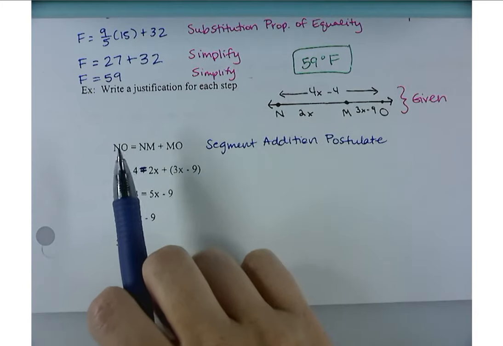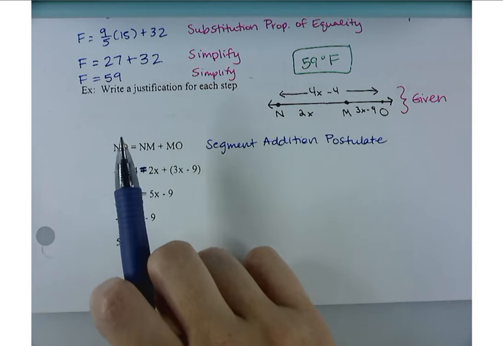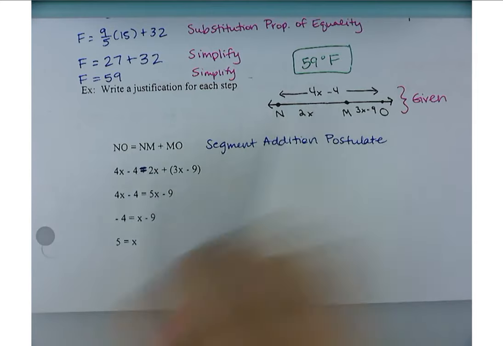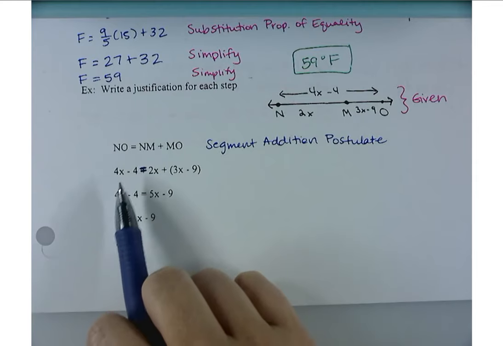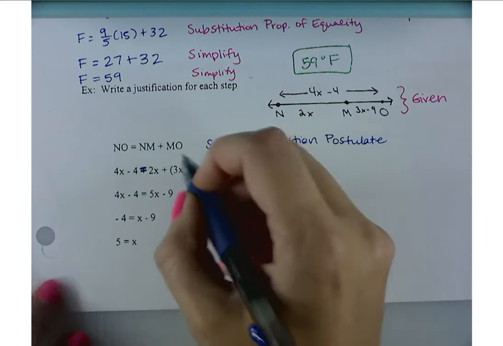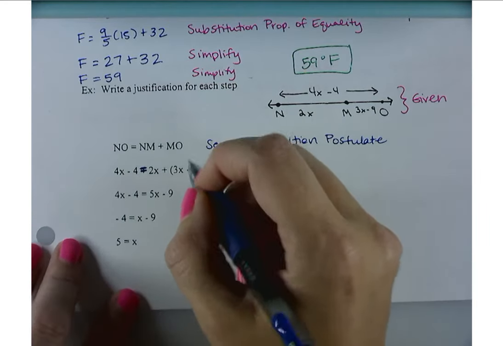Well, didn't you just replace this with 4x minus 4? Yeah, what do we call that? Substitution. Right, because we just substituted one in for the other. So this is going to be the substitution property of equality.